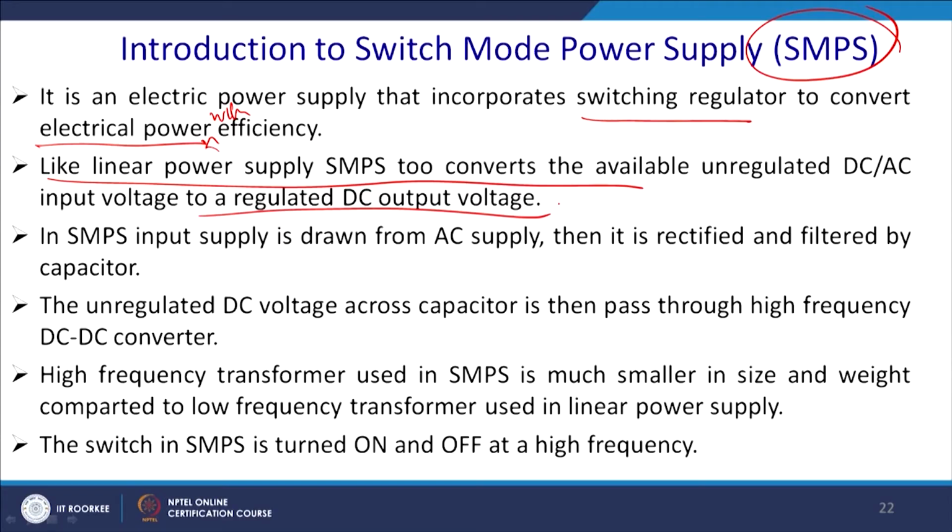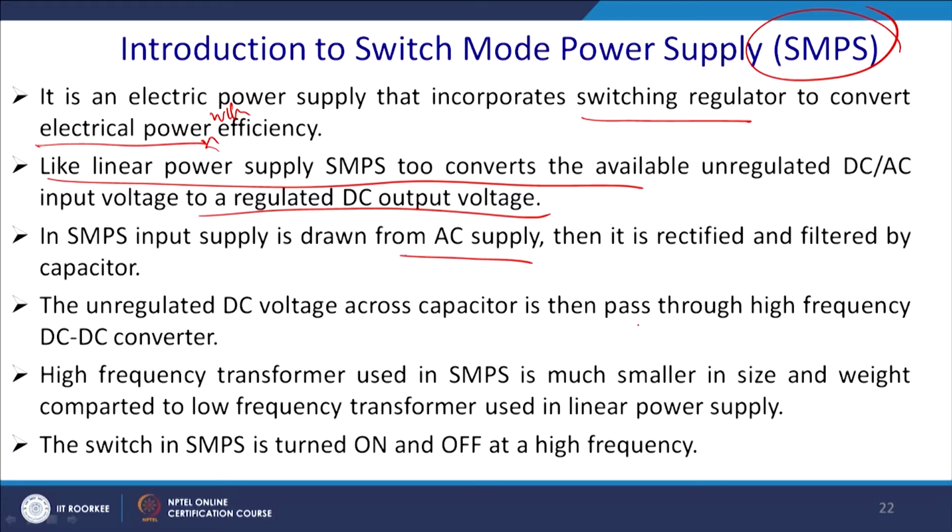So, for this reason you get an unregulated DC stage, and your voltage may sag, swell, surge, anything can happen, but you get a regulated DC at your output voltage. The SMPS input supply is drawn from the AC supply, then it is rectified and filtered by the capacitor, and you have seen the challenges.